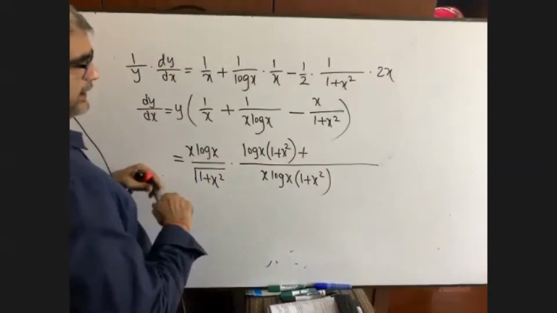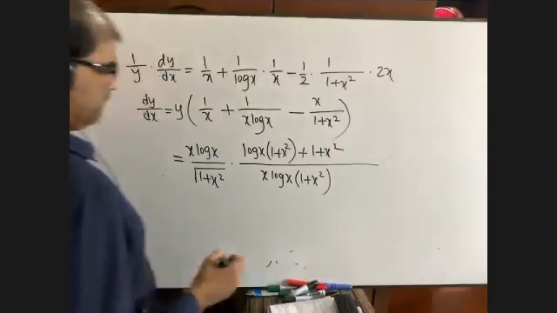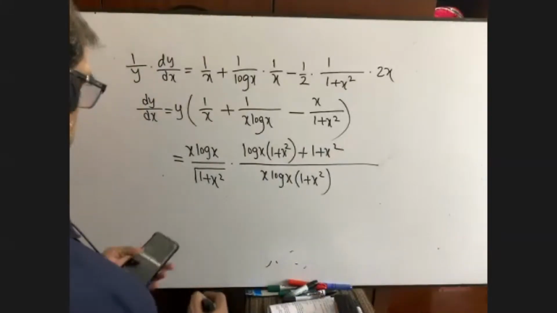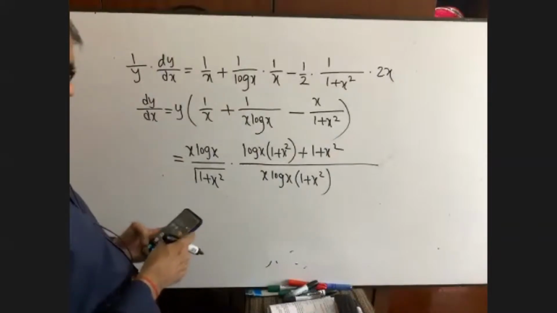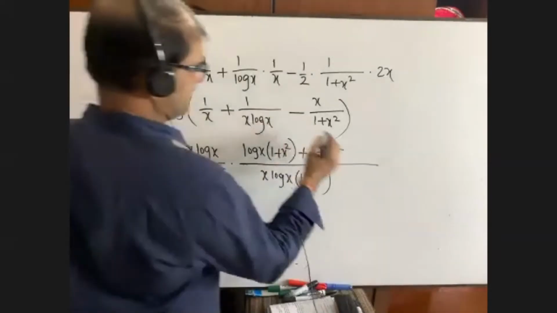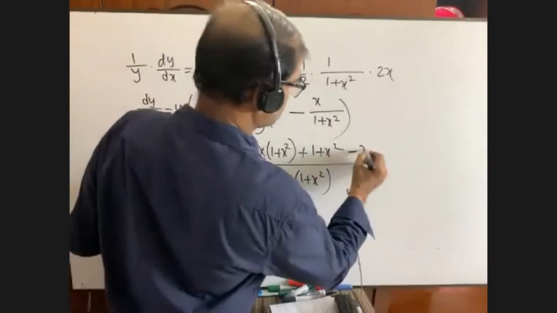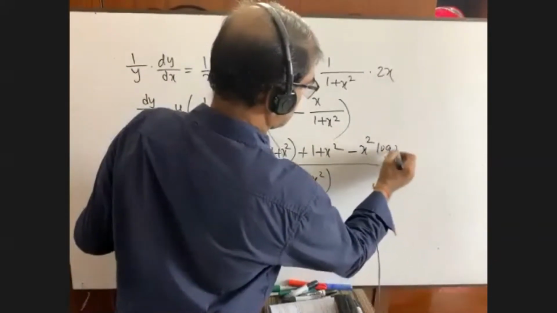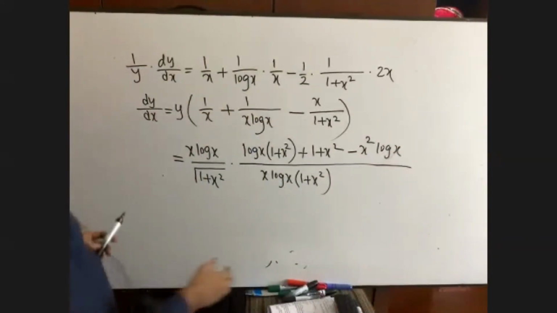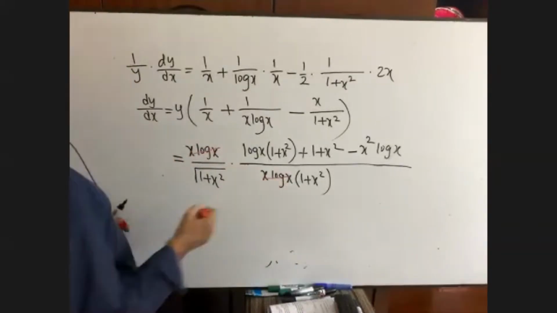So we are getting here only 1 plus x square, and it is minus 1 plus x square. Then it is x log x, that is x square log x. We have done it because you see this will be omitted, nothing else.